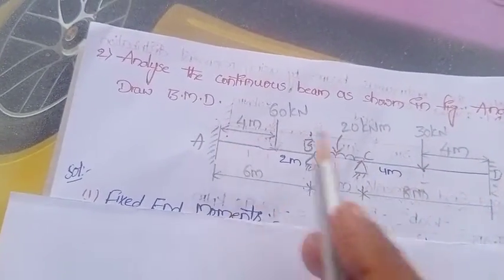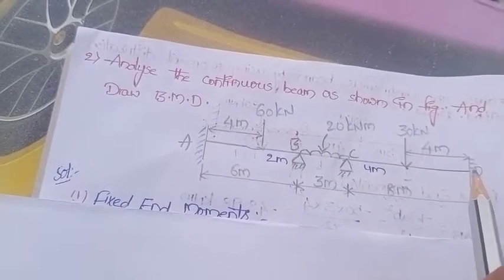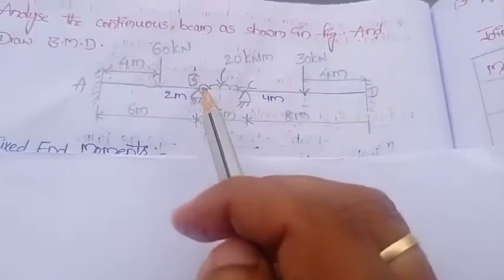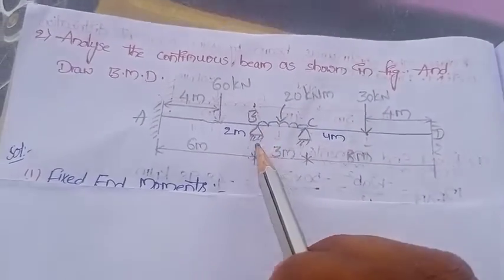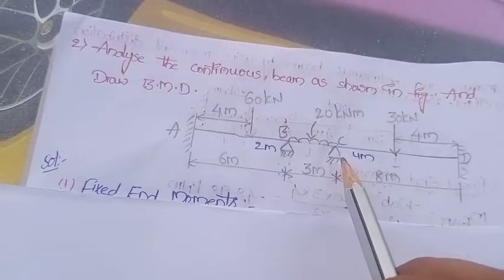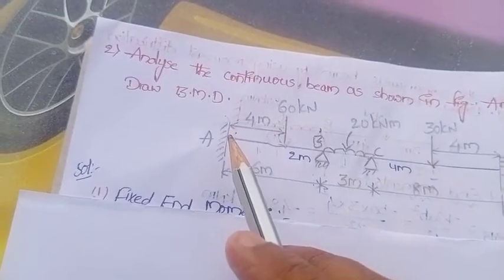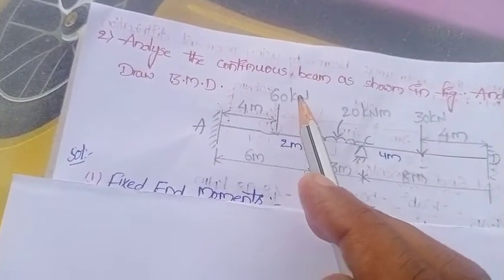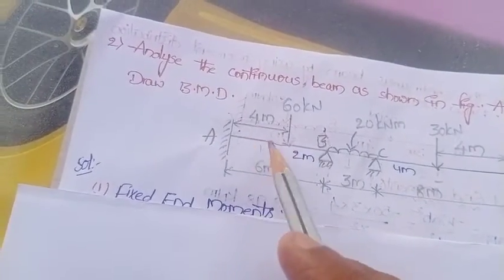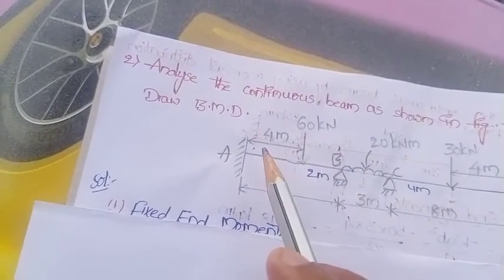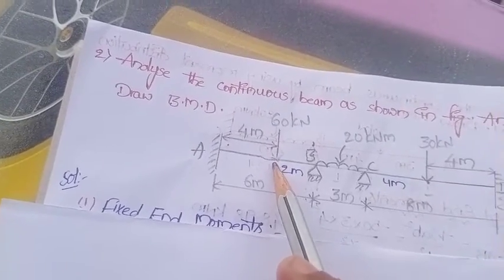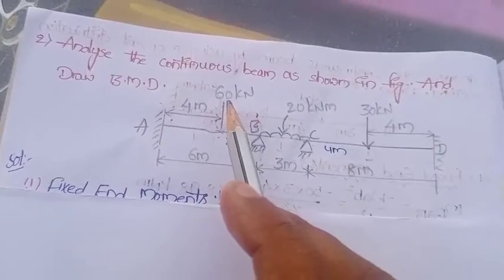A is a fixed support and D is a fixed support. That means both ends of the beam are fixed, and support B is a hinged support and support C is a hinged support. The length of the AB span is 6 meters, and an eccentric load is acting on the AB span at 4 meters to the right of support A. The eccentric load is 60 kilonewton.